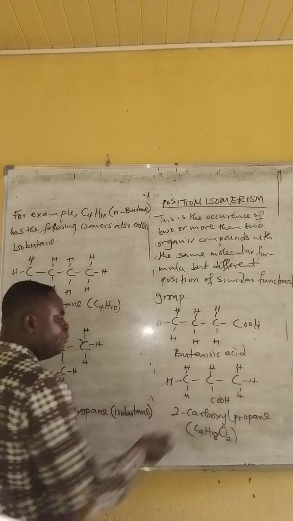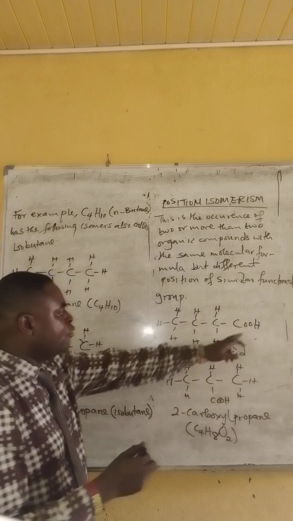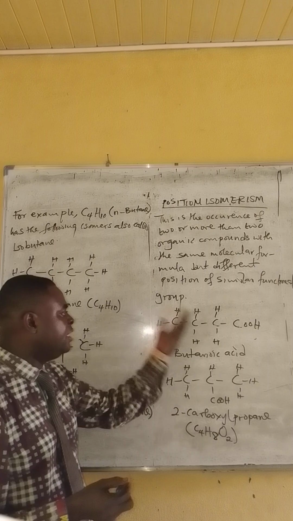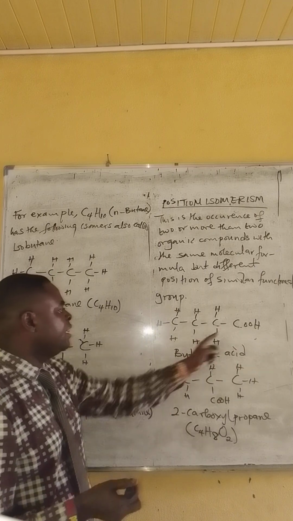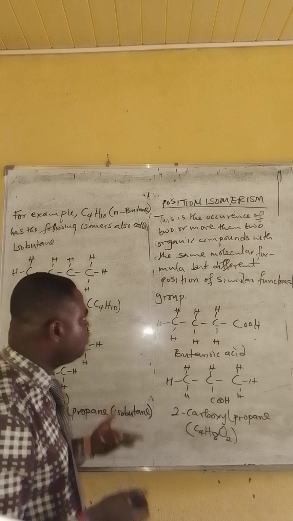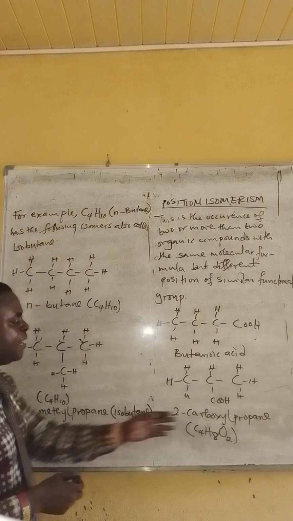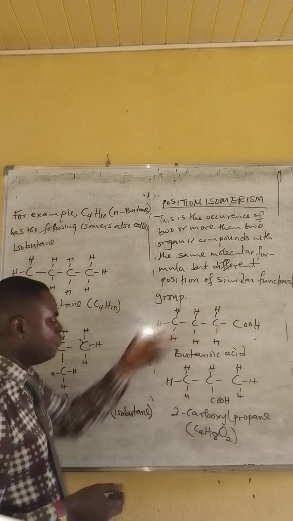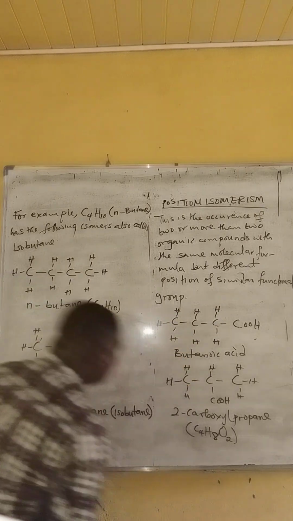So they have the same functional group, but the functional group is located on different positions of carbon in the parent hydrocarbon chain. This one is joined to number 1, while this one is joined to number 2. That is position isomerism. It might be OH that is similar, might be an amino group, or any other group. So you can find out.